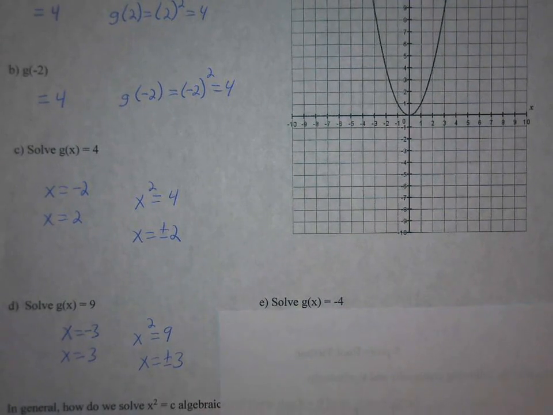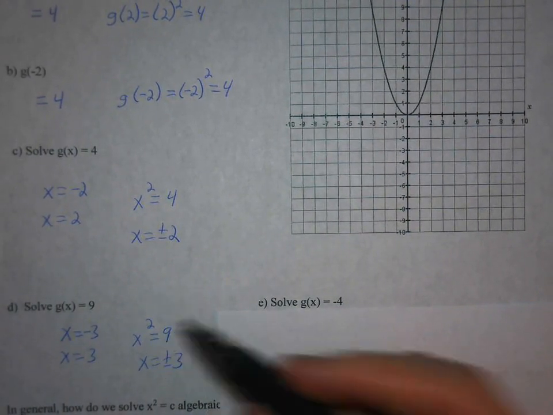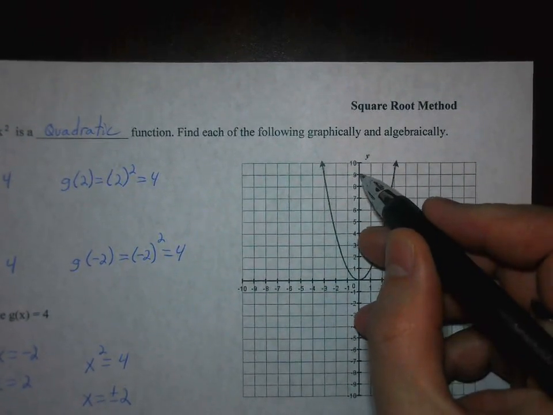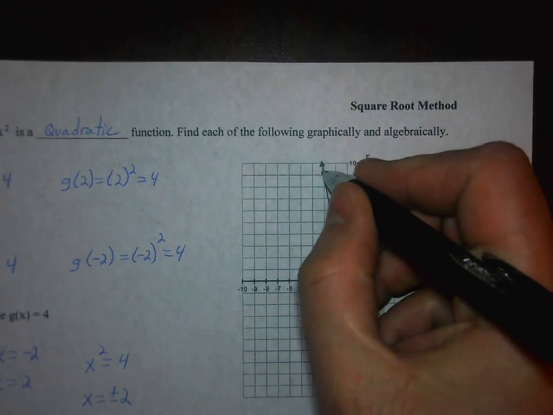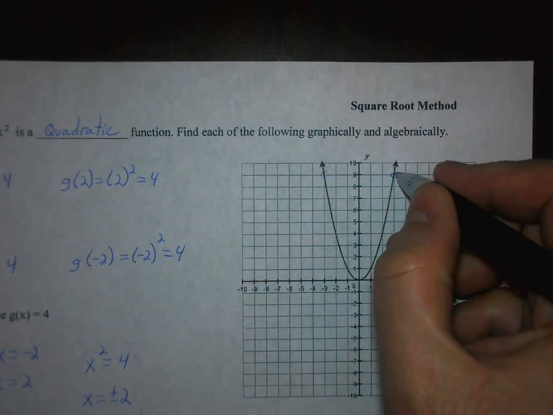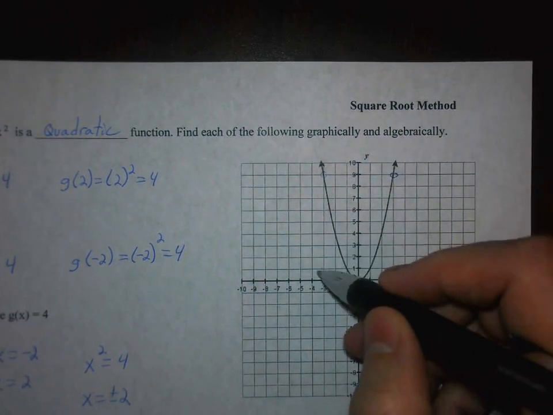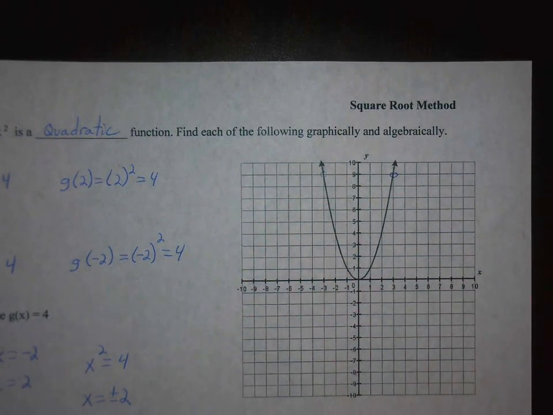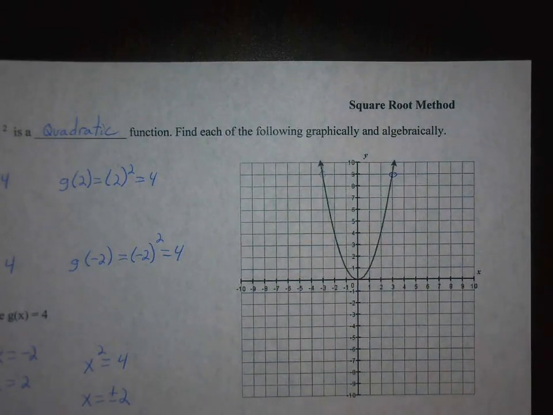If you look at the graph, where does our y value equal 9? That's way up here, and that happens at this point and this point, which happen to be negative 3 and positive 3 for the x values. So we get two different answers there.